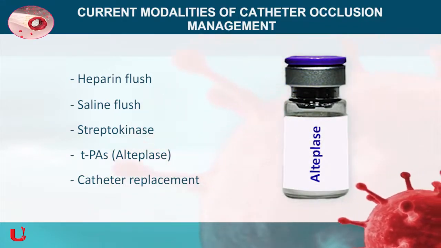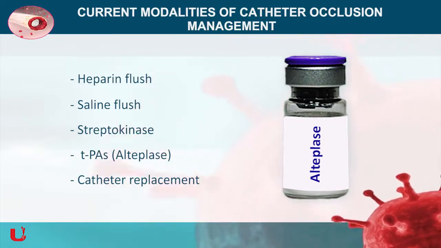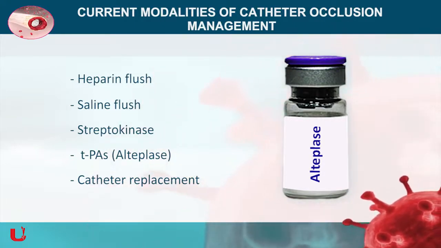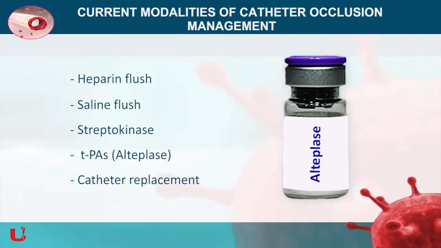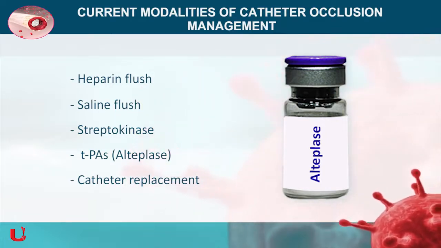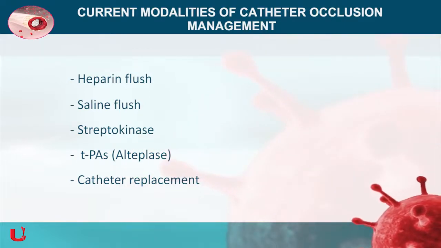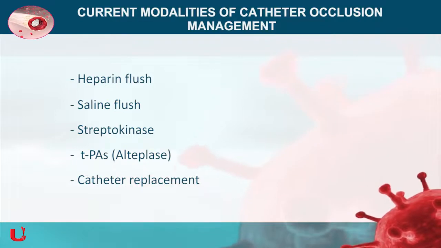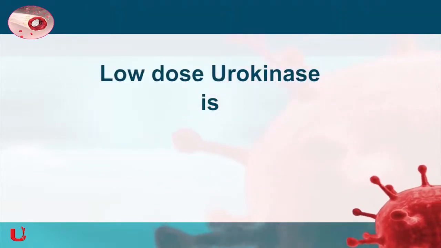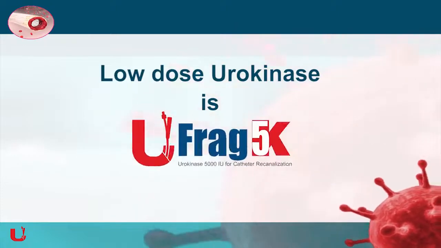There is a dire need of a thrombolytic agent, which does not cause allergic and antigenic reactions, which is also cost-effective and meets international standards for catheter clearance. Only a low-dose urokinase can meet these requirements, and that low-dose urokinase is Eufrag 5K.